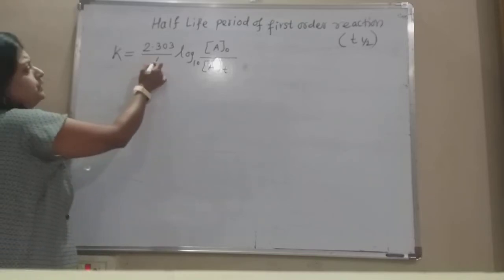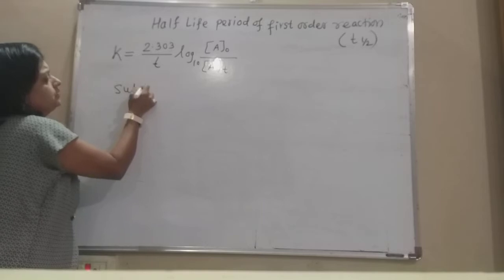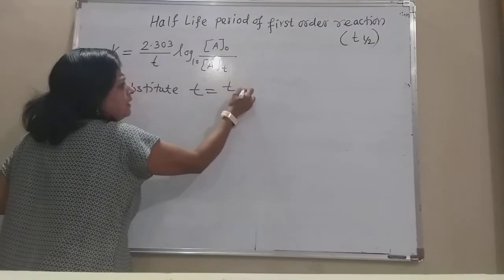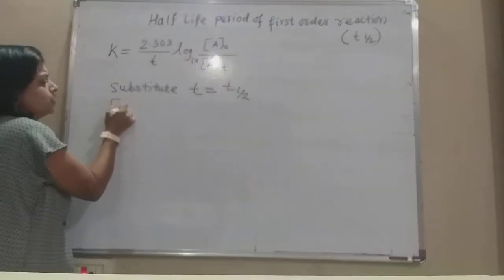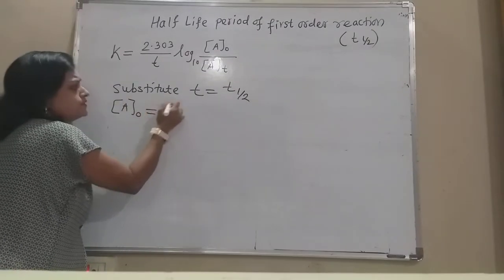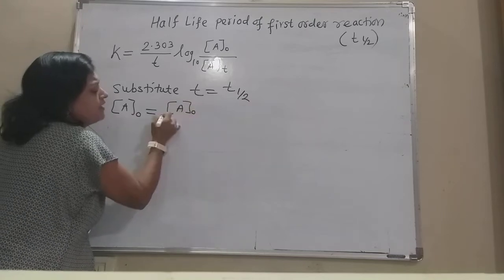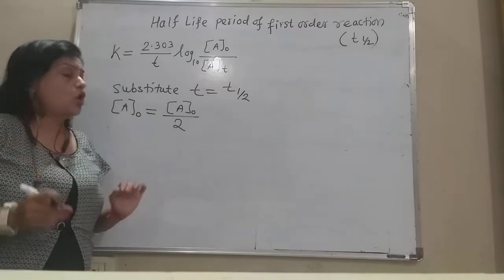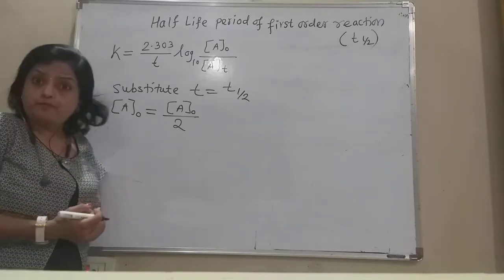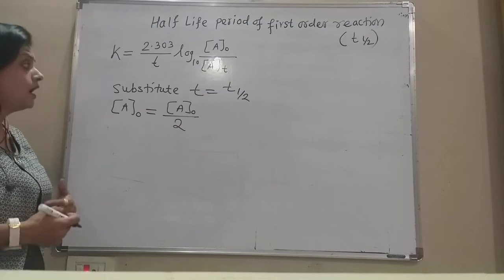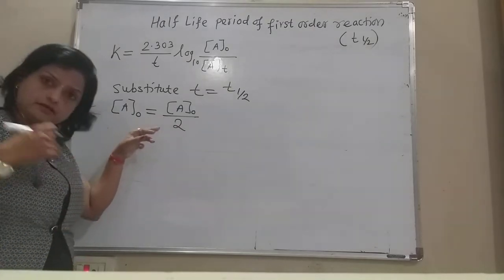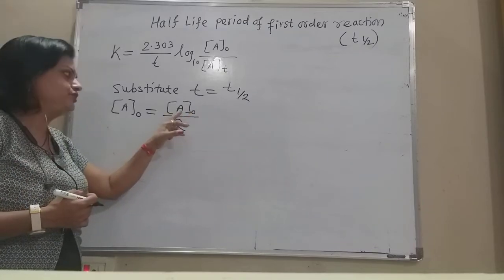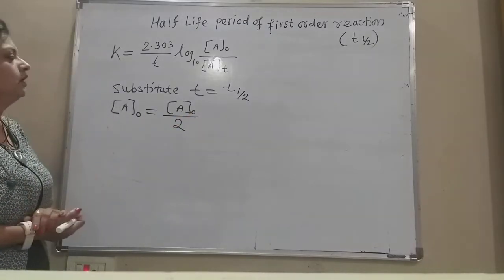Now substitute here: t is equal to t half, and the concentration A0 becomes A0 divided by 2, because the concentration of A falls to half, or half is consumed.